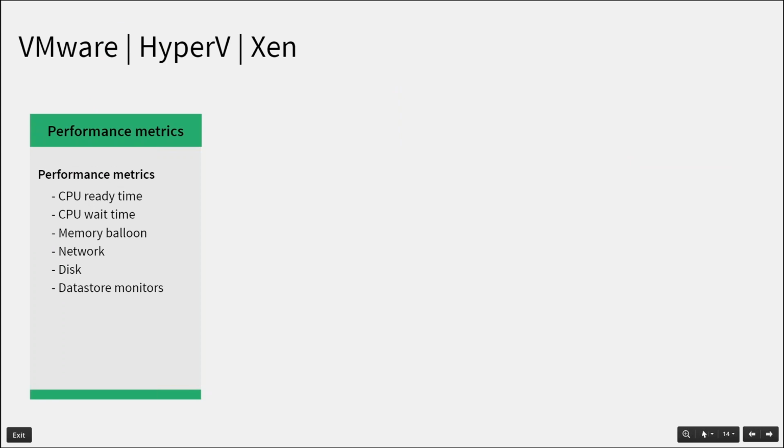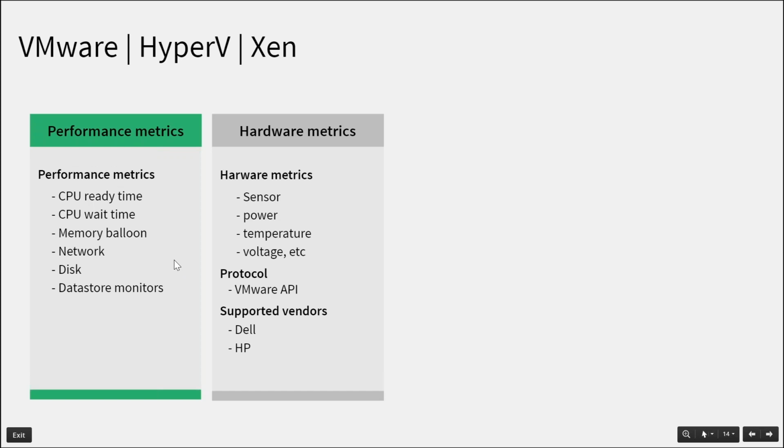Alright, the next is VMware, and we have the virtualization support for VMware, Hyper-V, and Xen server monitoring. For example, VMware, it monitors the performance through the native API, and you have various key performance metrics for CPU ready time, wait time, the memory balloon, and so on.